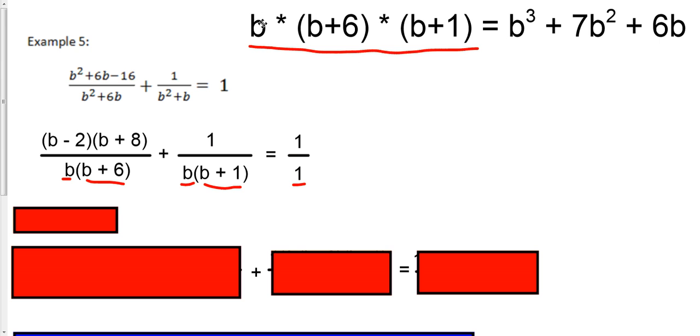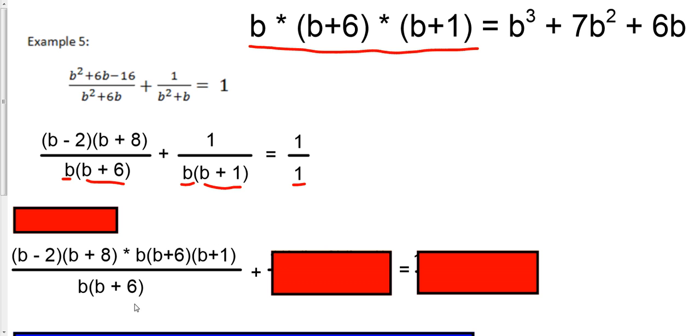So, multiplying first this LCD onto each term, this first term becomes b minus 2 times b plus 8, that was what it was originally, times our LCD, b times b plus 6 times b plus 1. And it stays all over b times b plus 6.